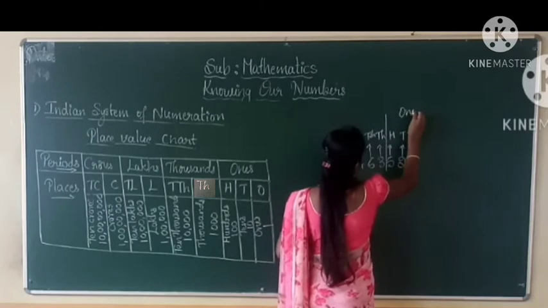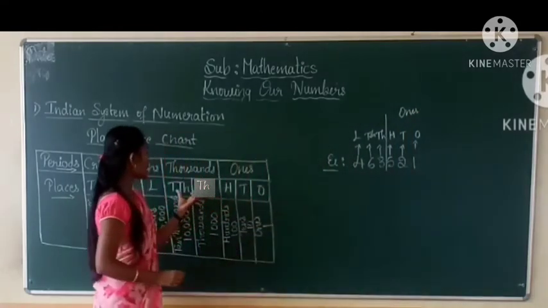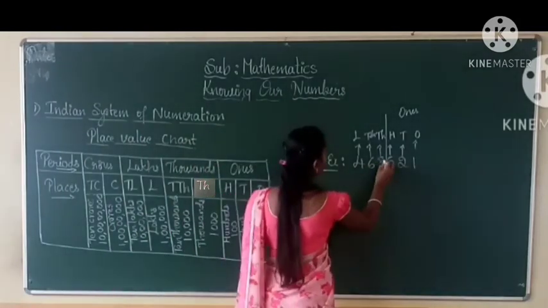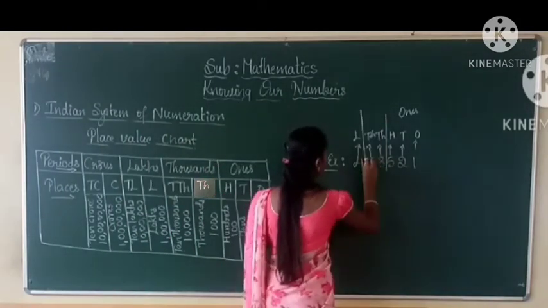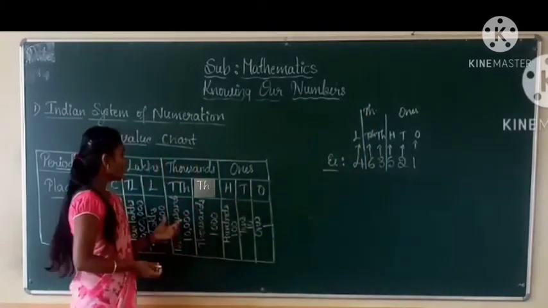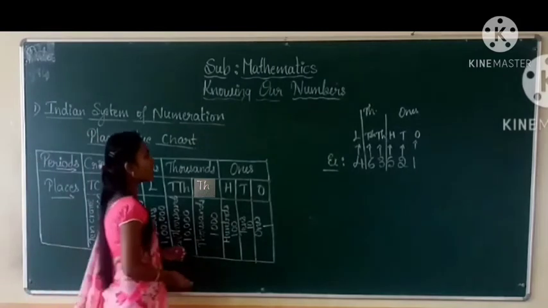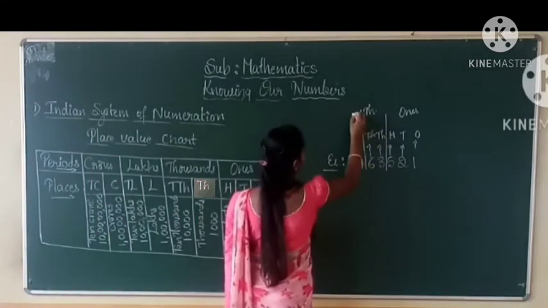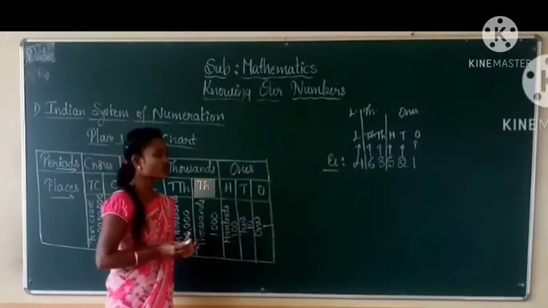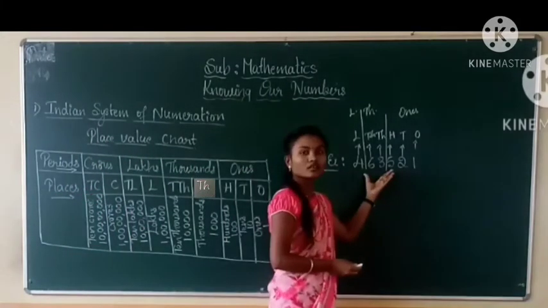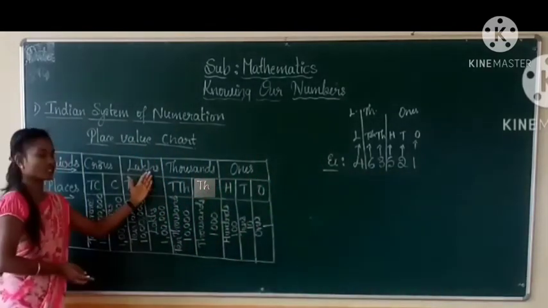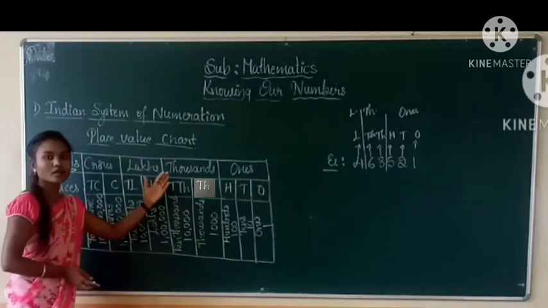The first places are ones period, and the next two places as thousands period. Here the next two means 3 and 6. The next two places are lakhs period. Here only one place is there, therefore it is in lakhs period. If we want to write commas for this number, we have to go according to these periods.